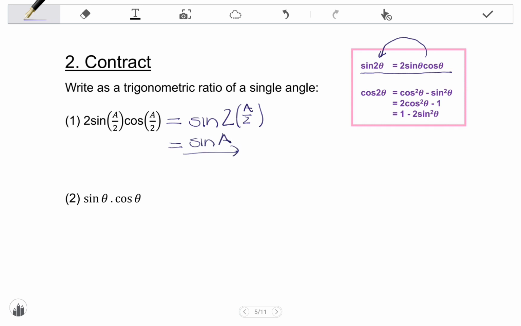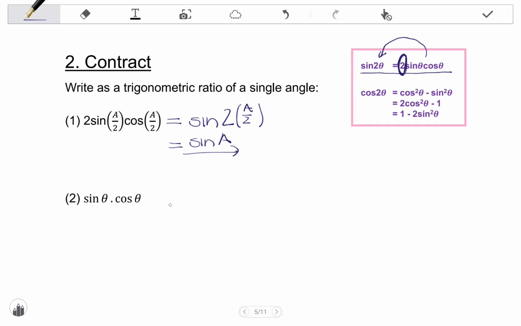Okay, if we look at number 2, we have sine theta times cos theta. Now the only double angle formula with sine times cos, so where they are multiplied to each other, is the sine double angle formula. The problem though is that I don't have this 2. Okay, I have the sine theta times the cos theta, but I don't have that 2.